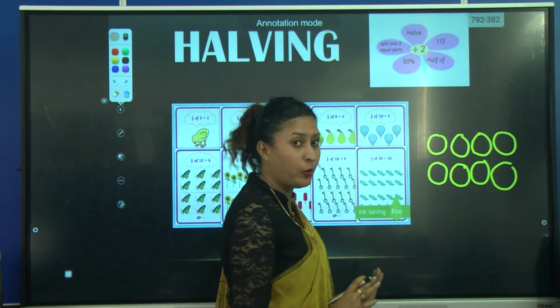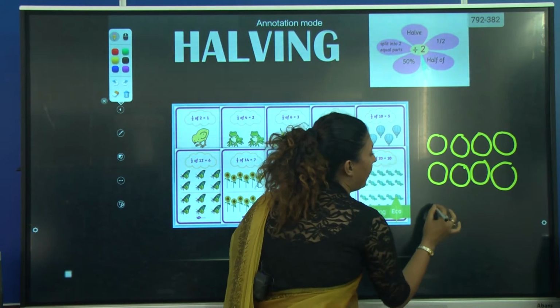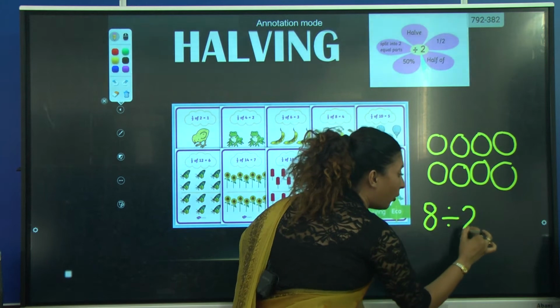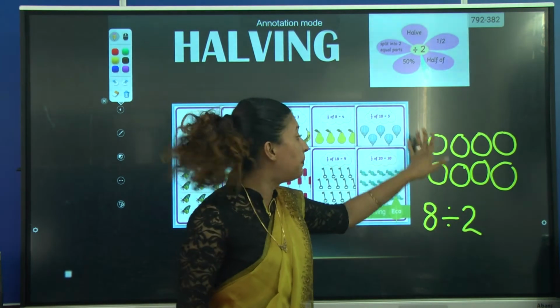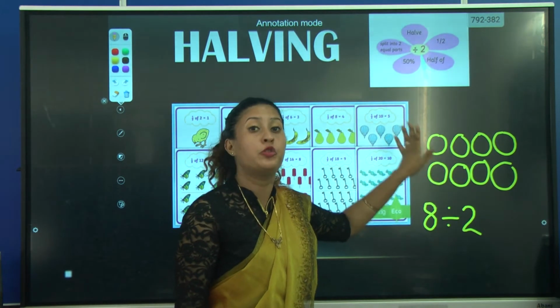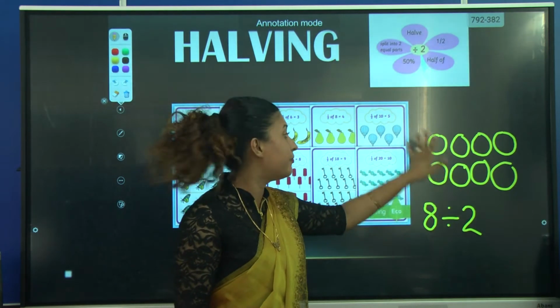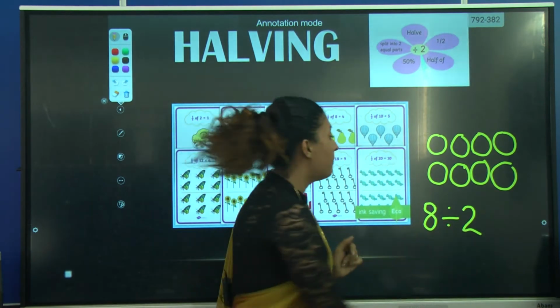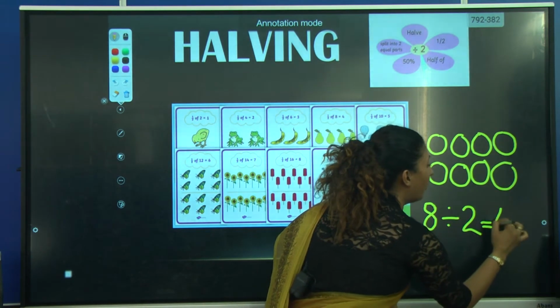How will I do it? Now look at this. 8 divide by 2. I am going to split this number into 2 equal parts. That's what you call halving. 8 divide by 2 equals 4.